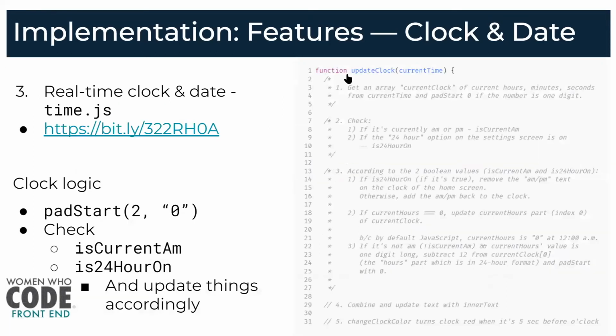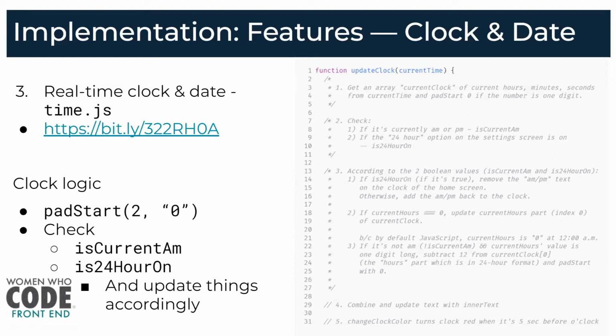So here I just simplified the code to pseudocode. And this is in time.js. The clock logic is that I'm using the padStart function. padStart basically means that, for example, if there's a digit, if it is 1 p.m., I want to display 01 because I think it would be prettier.